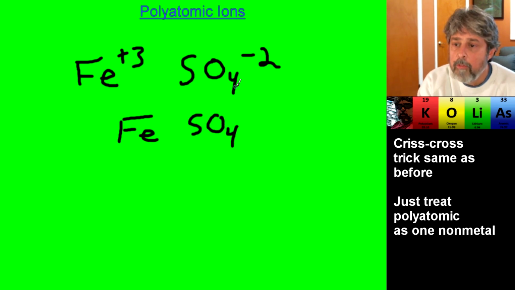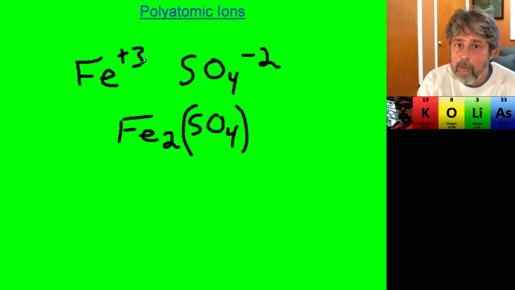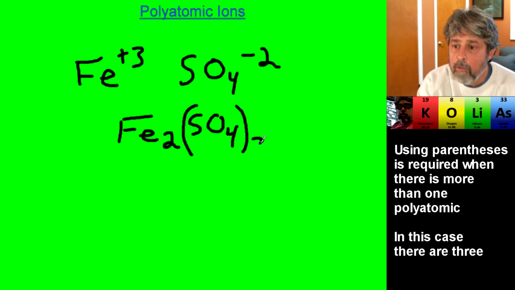This 2 from the sulfate is going to cross over to here, put it after the iron, and then let's put parentheses around the sulfate, and the 3 from this iron is going to crisscross over to here. Now, because this iron is a +3 iron, we're going to write it as iron 3 sulfate.